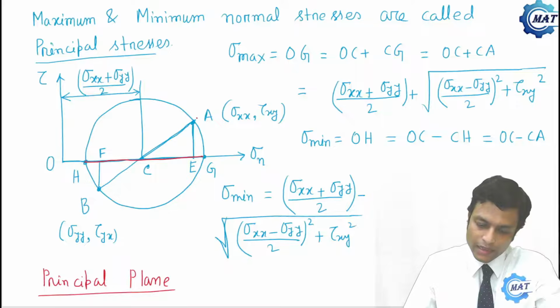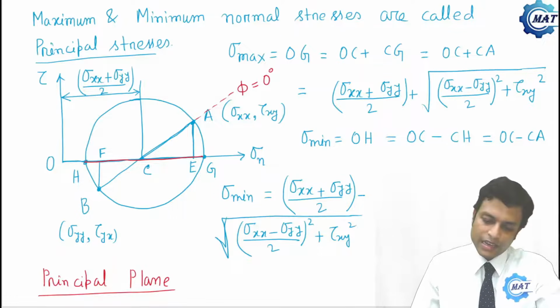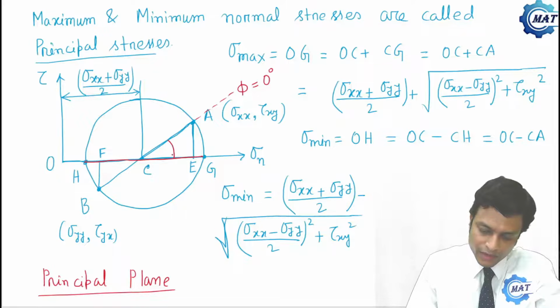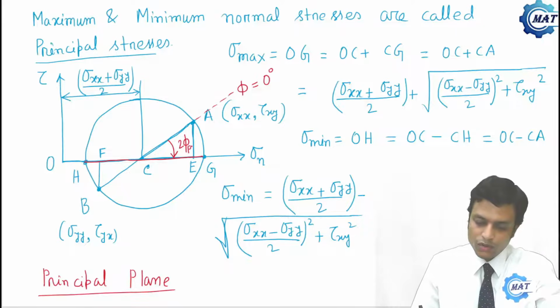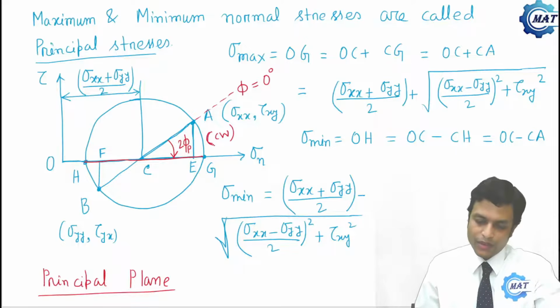A represents phi equal to 0 degree, the state of stress at phi equal to 0 degree. So what is the orientation of the principal plane? If the principal plane is denoted by 2 phi p in the Mohr circle, 2 phi p in the clockwise direction.